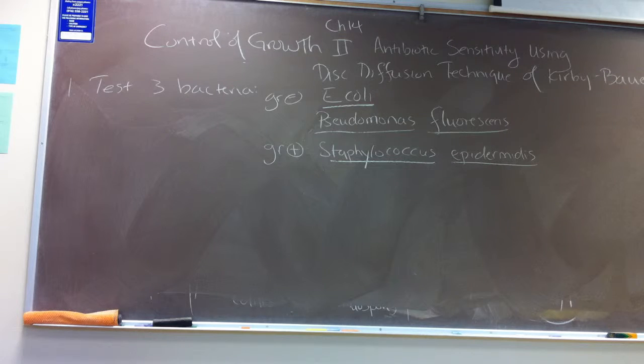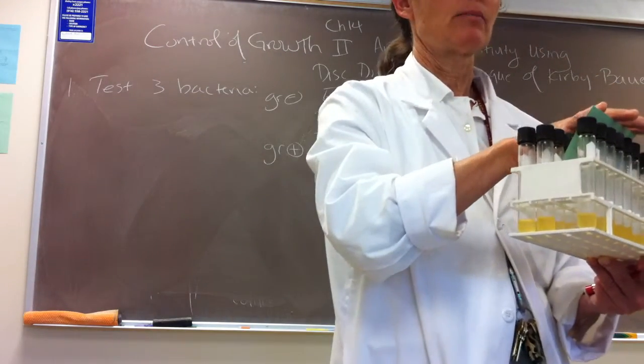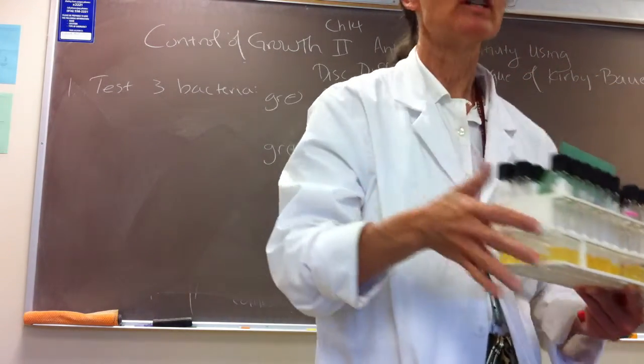And just as you did for the disc diffusion for the antiseptics and disinfectants, you first need to do what to these stock cultures, you guys, before you swab on your plate? You're going to dilute them 1 to 10, right?